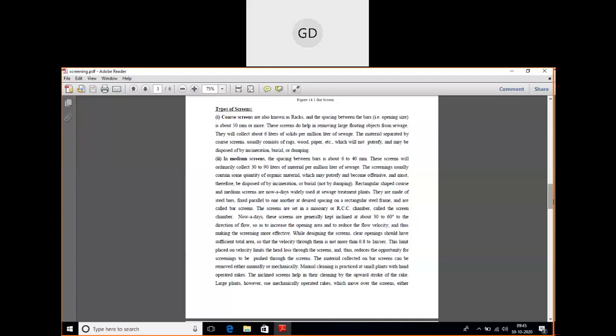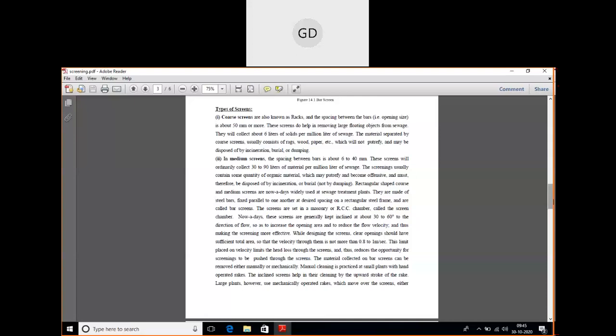In medium screens, the spacing of the bars is about 6 to 40 millimeters, and these screens collect 30 to 90 liters of material per million liters of sewage.